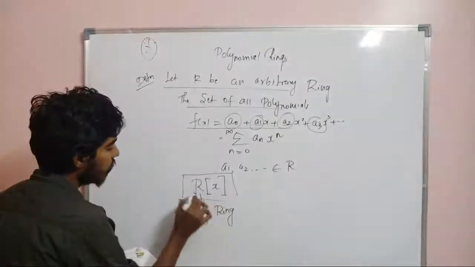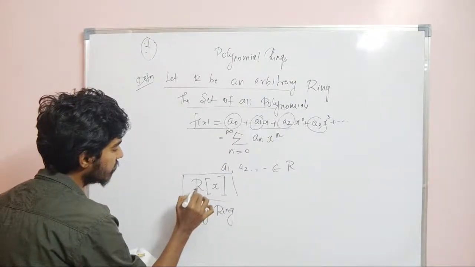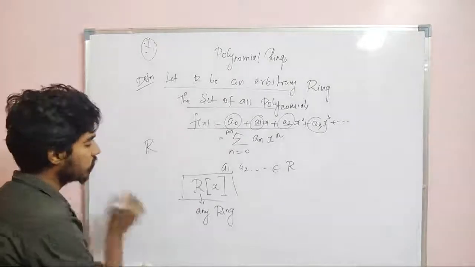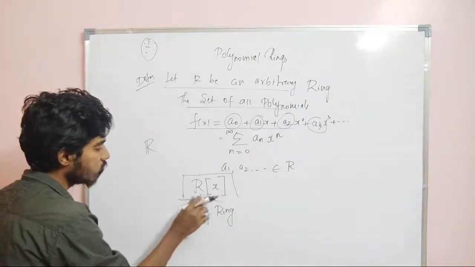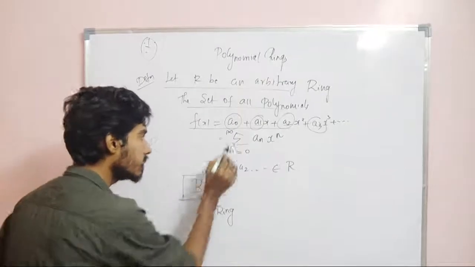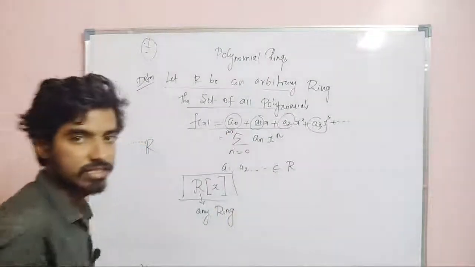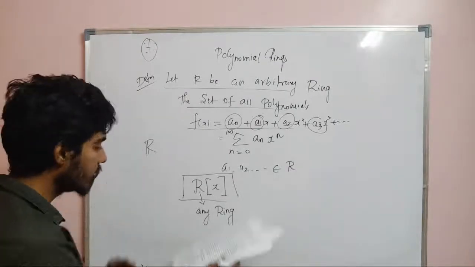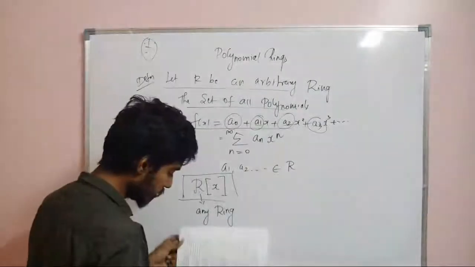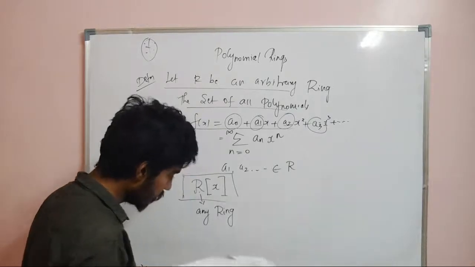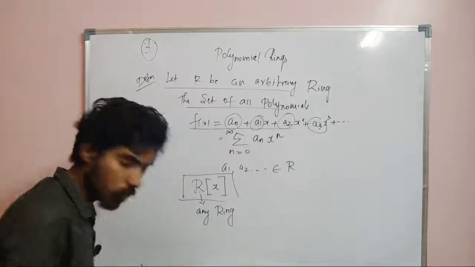Here R is any ring. It is not the real numbers that we are denoting. This ring plays an important role here, that is, we are choosing the constants to be in the ring. Now we will prove that this is a ring. In order to prove this is a ring, we need to show all the conditions for a ring.